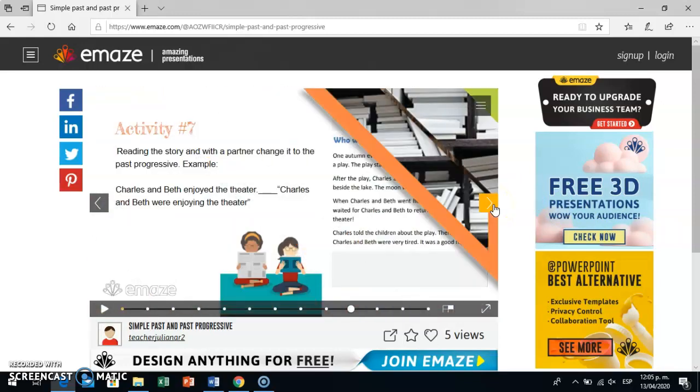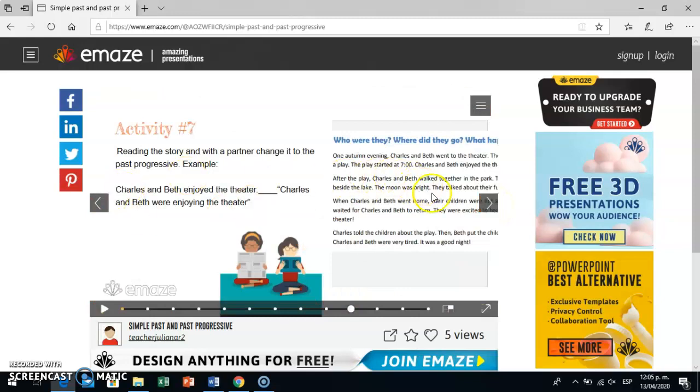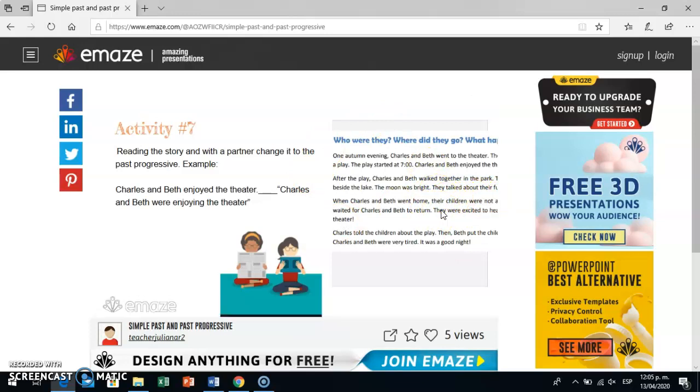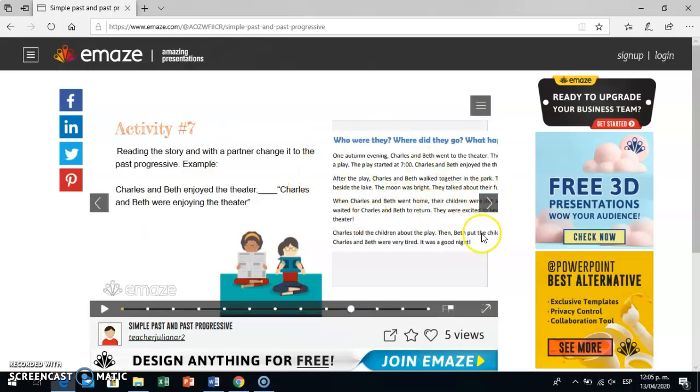The activity number 7 is about reading skills. The student must read this story and change this story that is in past simple to past progressive.